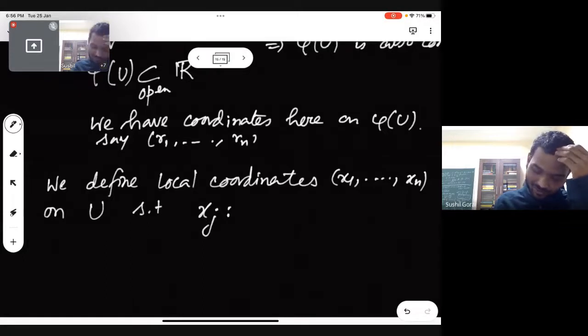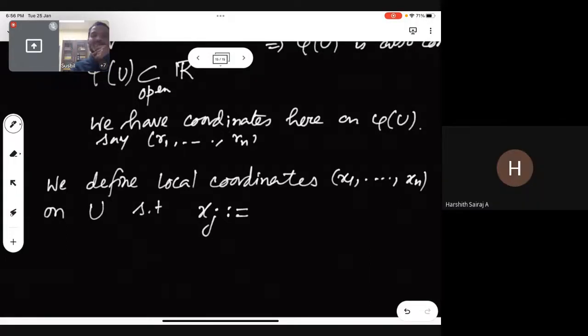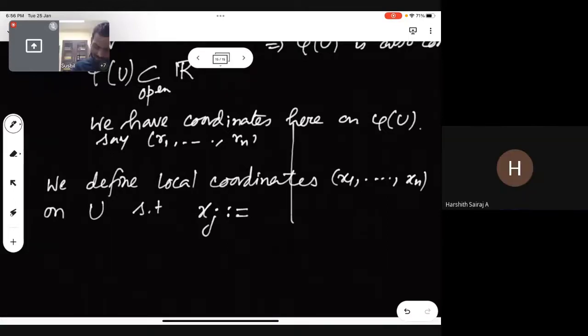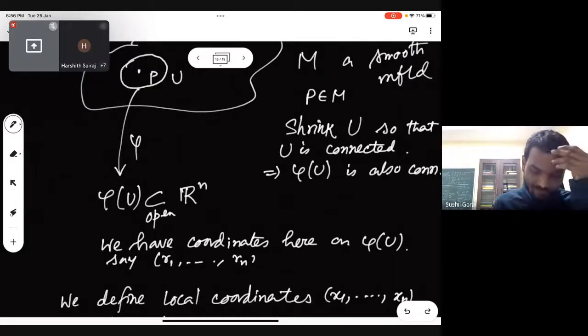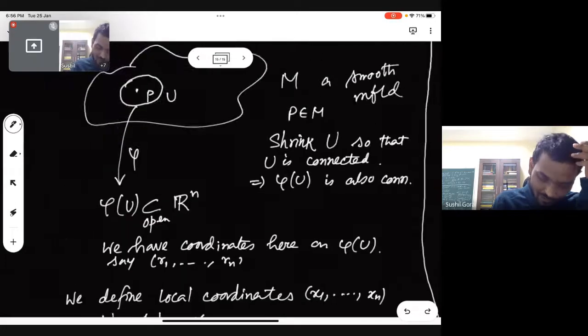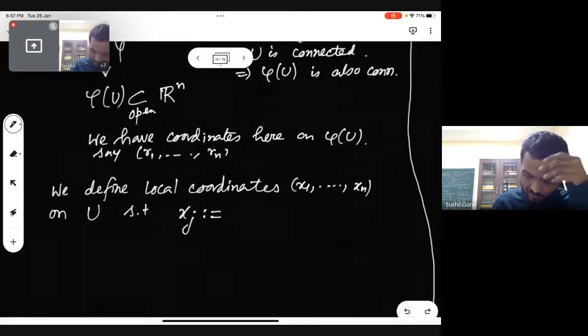What should xj be equal to? Sir, for any point on U, we take its image in Rn, and over there we look at the jth component. That is true, but we need to write it on U only. So we need to pull back by phi, right?